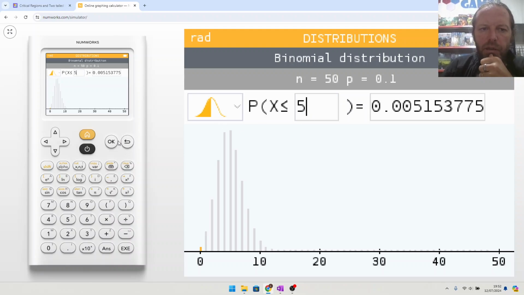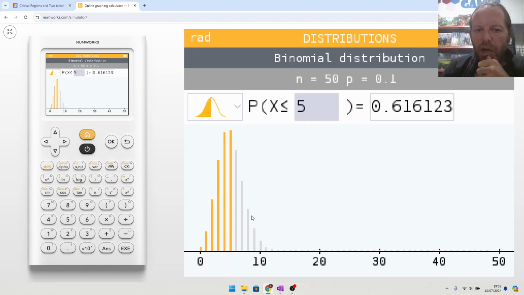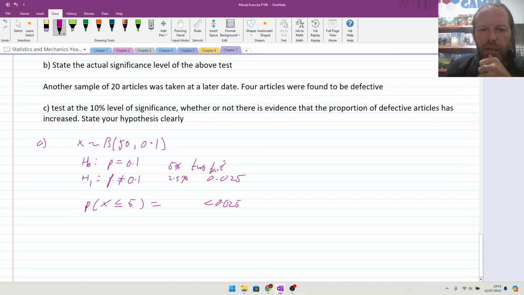So at 5 I've got 61%. That's huge. So that's a long way off 0.025. So coming back here, that was 0.61. So that was too big.